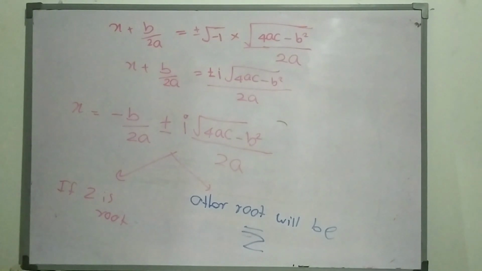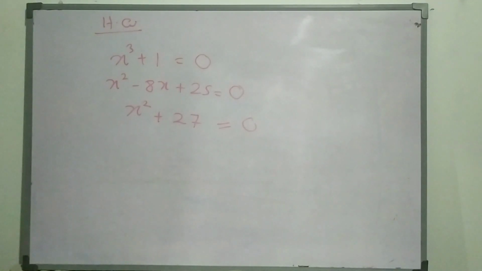So that is the theory part behind, and this is the proof of that theory part. I'm just suggesting you do these three equations, simplify them and find the roots of them, right?